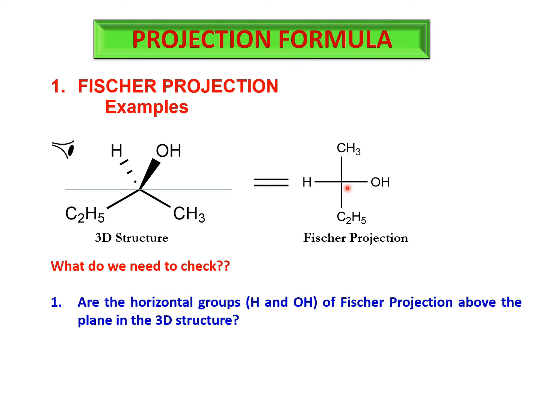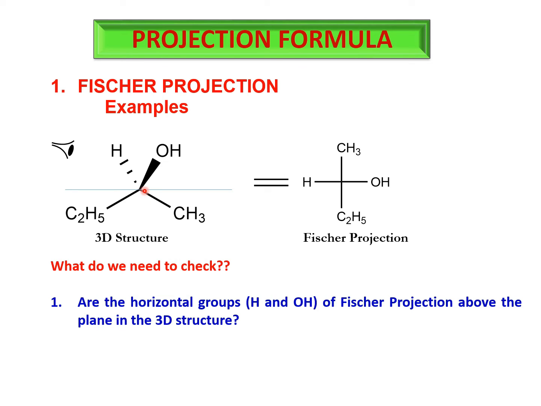So you have to check whether the horizontal groups, that is the H and OH of the Fischer projection, are above the plane in the 3D structure. So this is the 3D structure, and you have to check whether this H and OH were above the plane.